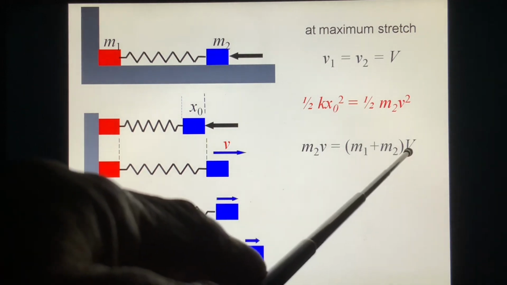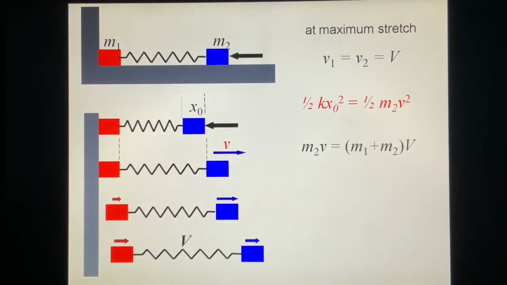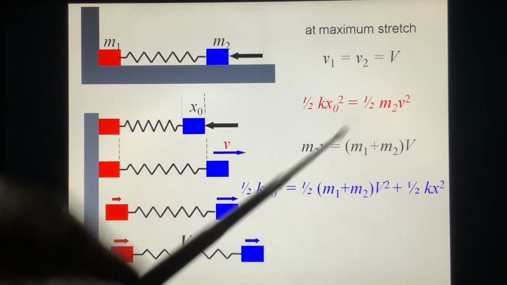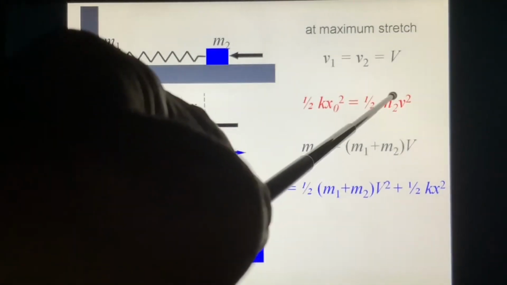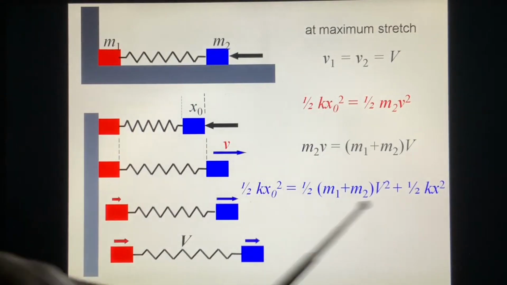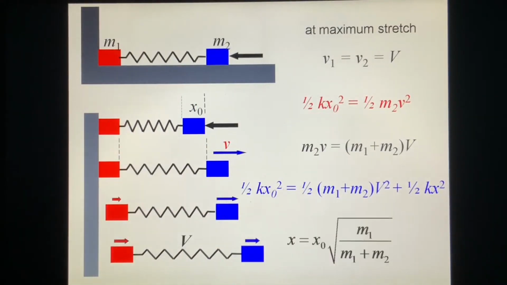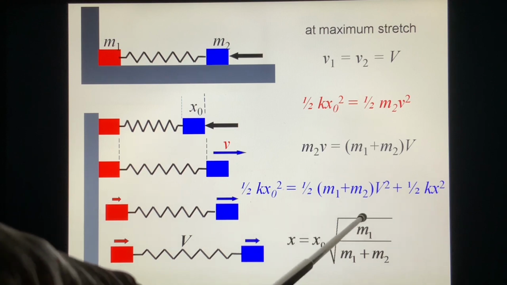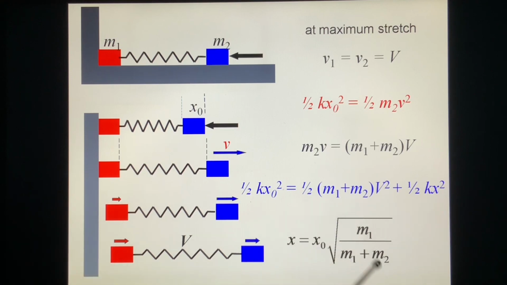That's the linear momentum equation. Energy is also conserved. Originally, energy conserved equals this. With these two, we can find x equals x0 times the square root of m1 over (m1 plus m2). This is smaller than 1, so x is smaller than x0. That's natural, because some of the energy is in them as kinetic energy. Okay?